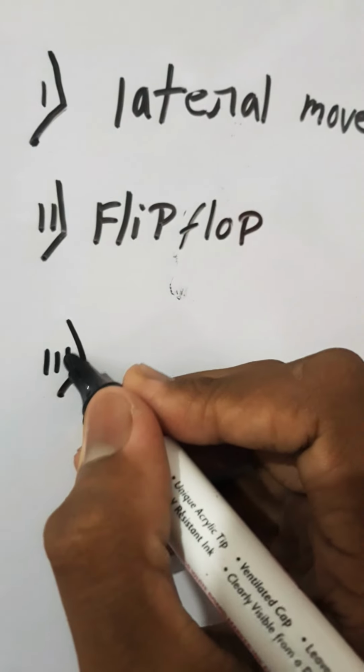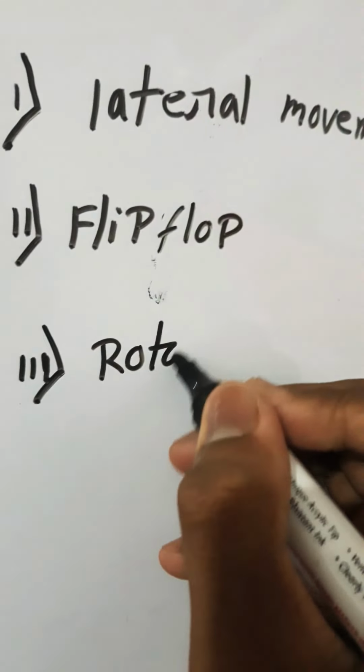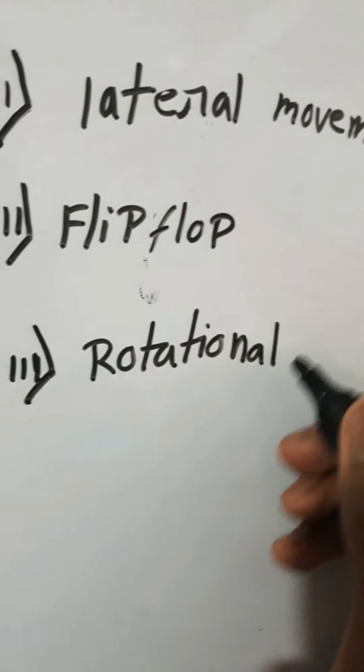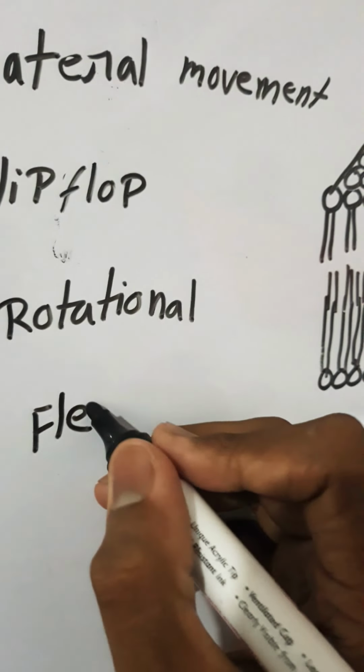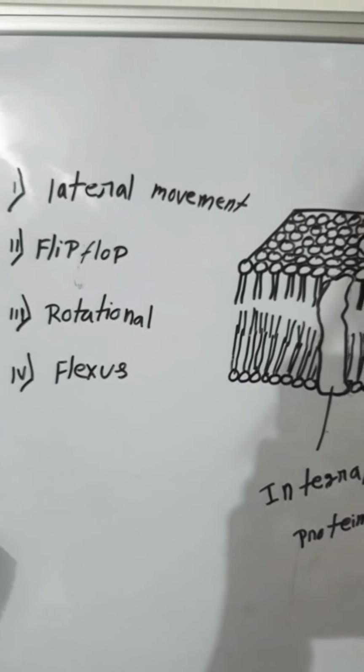Third is the rotational. And four is the flexus. These are the four types of movements which we find within the biological membrane for lipids.